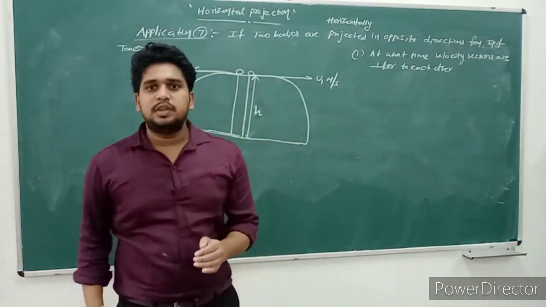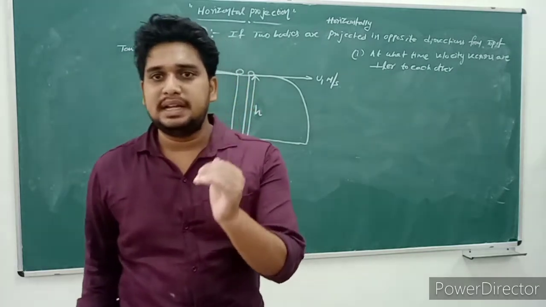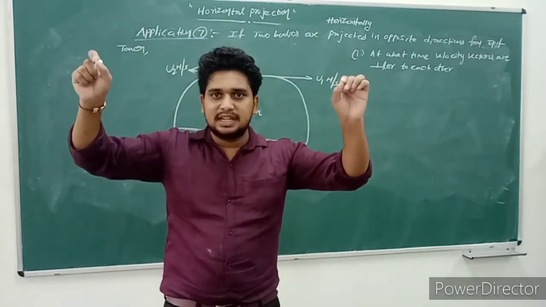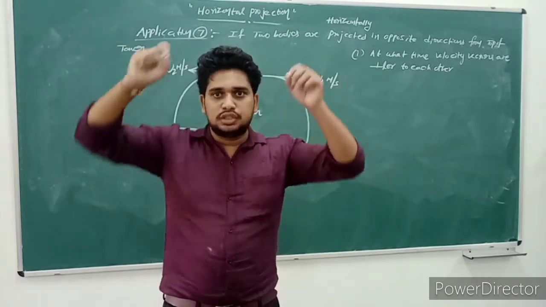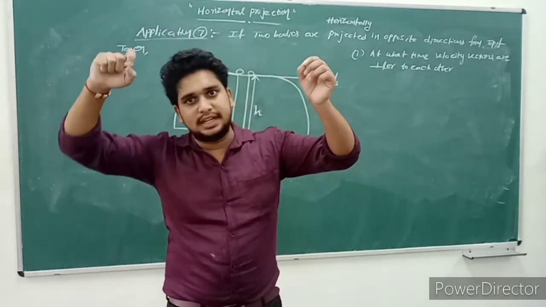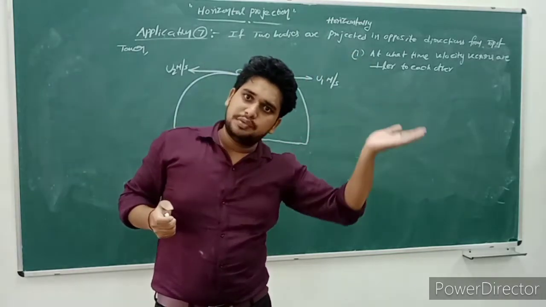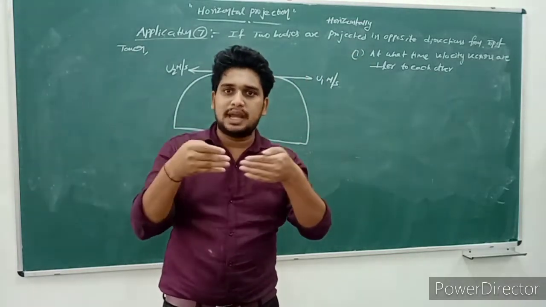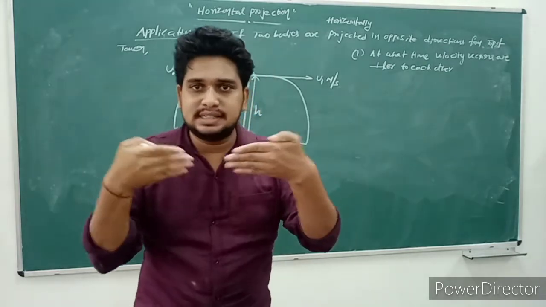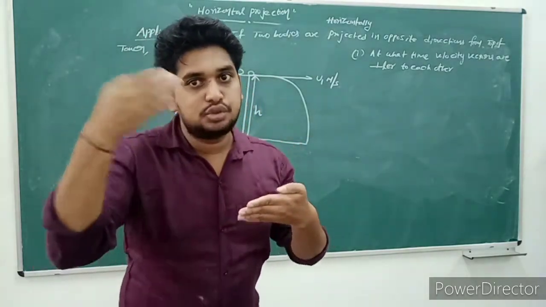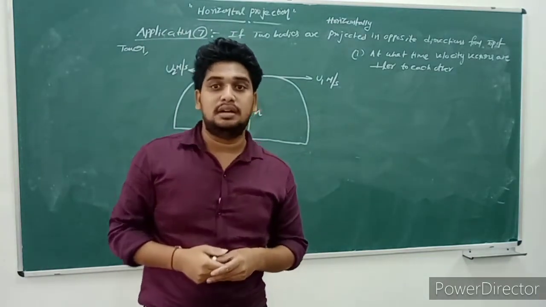At what time are the velocity vectors perpendicular to each other? Two bodies are projected now. So definitely after some time, this body having some velocity moves in one direction, and this body having some velocity moves in another direction. After some time, these two bodies' velocities are perpendicular. At what time are these two velocity vectors perpendicular?